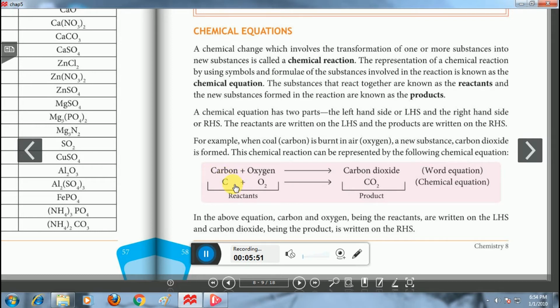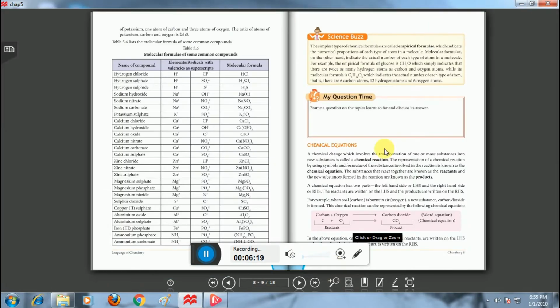Similarly, Na is the symbol of sodium as well as the molecular formula of sodium. You have to mention always the molecular form, not the atomic form. Now O2 is the molecular form of oxygen, C is the molecular form of carbon as well as its symbol, but O2 is not the symbol of oxygen. O is the symbol of oxygen. You should not write only O, you should mention O2, that is the molecular form.